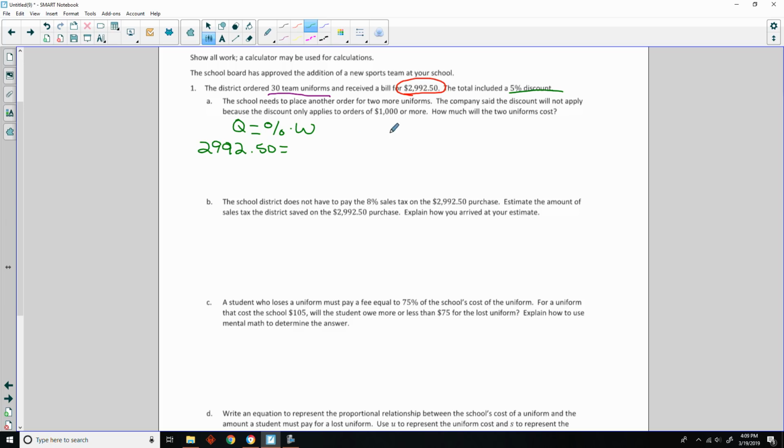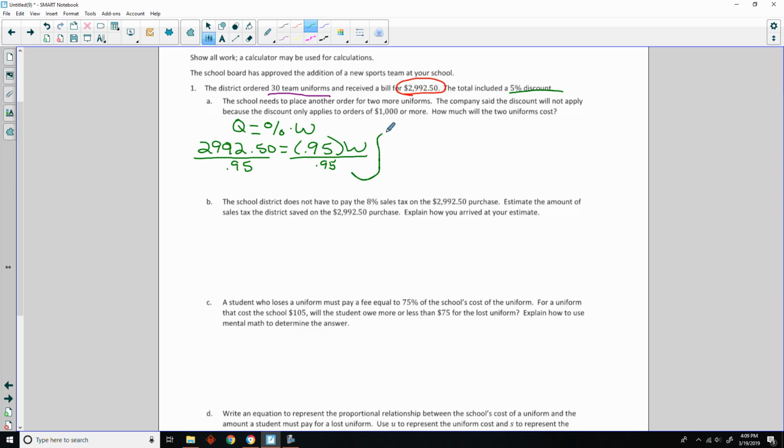The discount was 5%, so they paid 95%, which is 0.95 times W. So 95% of some number is 2,992.50. In order to solve this, I divide both sides by 0.95.